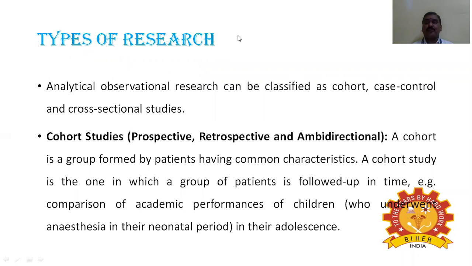It's a collection of names. What is it? A cohort is a group formed by patients having common characteristic features, and a cohort study is one in which a group of patients is followed up in time.